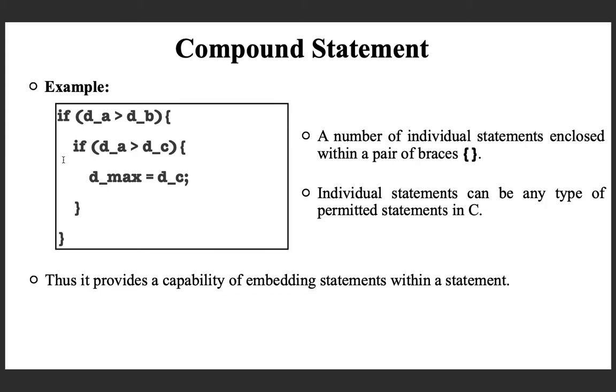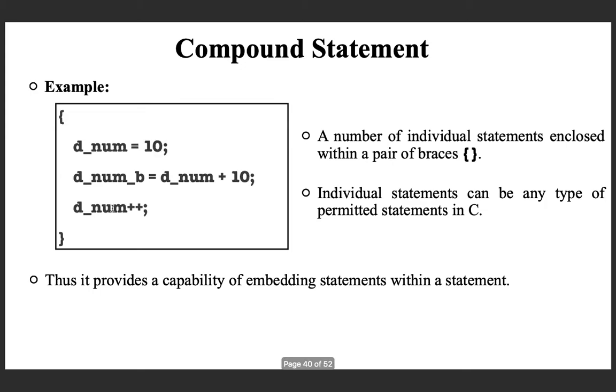You can easily see that this entire if is coming inside another if. So now this is what is called a compound statement. It's giving us a way to embed a statement within another statement. And note that there is no semicolon after the closing curly brace in the case of a compound statement.